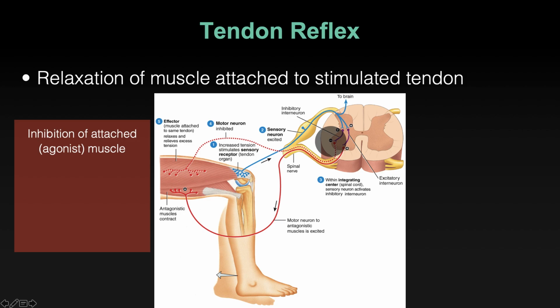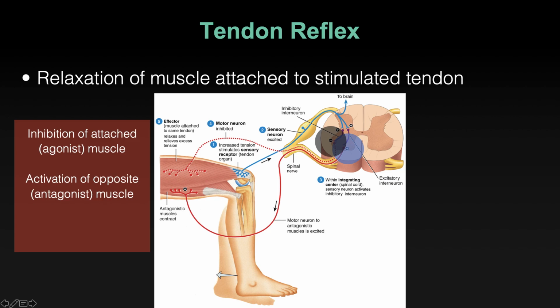Well, if I'm trying to flex my knee, I want it to flex. So I'm going to inhibit the extensors. I'm going to inhibit the muscle that's attached to this tendon so that it doesn't prevent me from moving my knee. What else am I going to do? I'm going to activate the muscles that are opposite from this tendon.